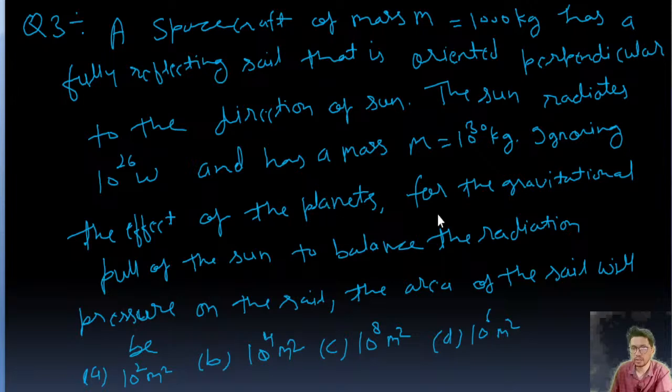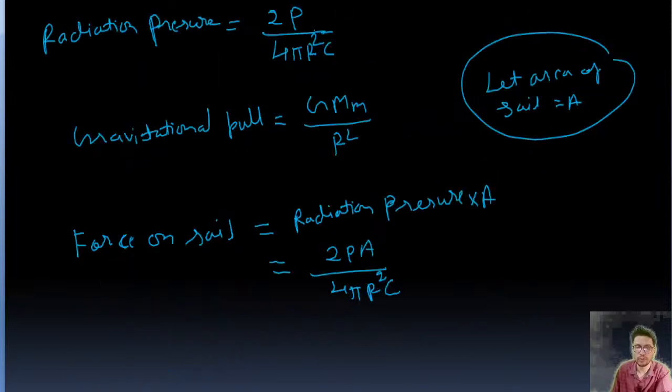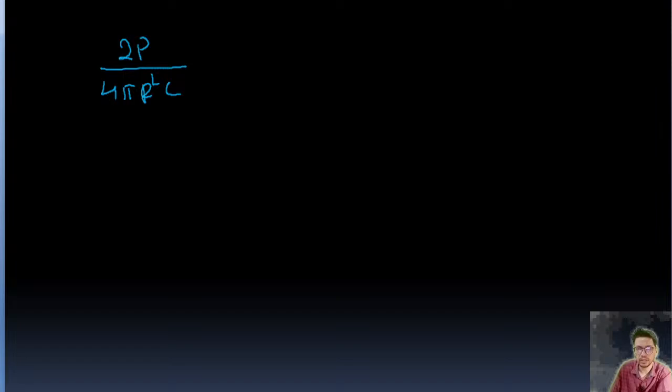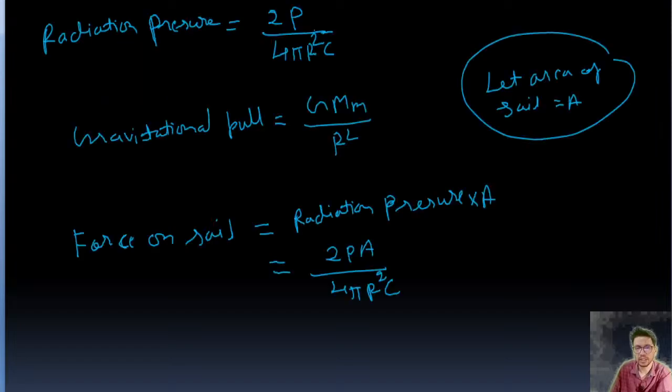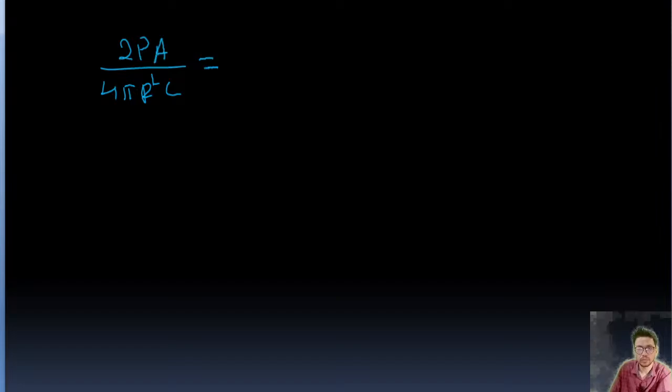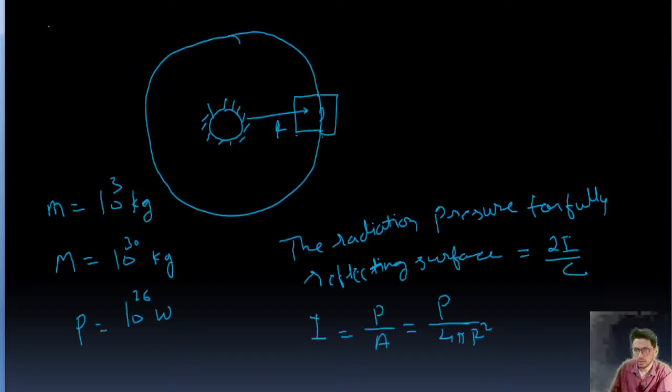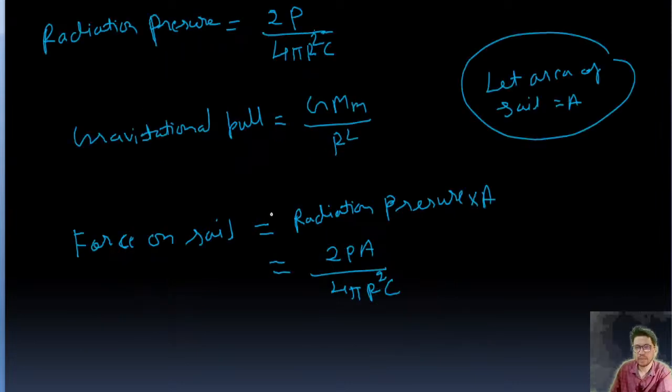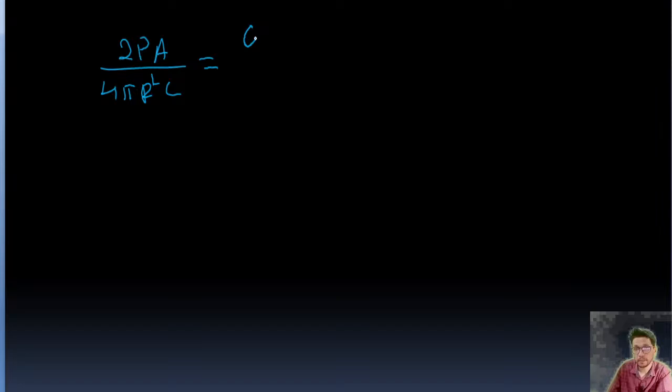For the gravitational pull of the sun to balance the radiation pressure on the sail, the force on the sail should be equal to the gravitational force. So 2PA upon 4 pi r square c is equal to GMm upon r square. R square is going to be cancelled, and the 2 will cancel.